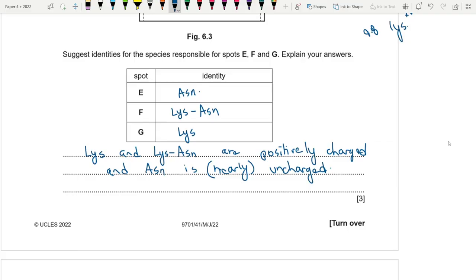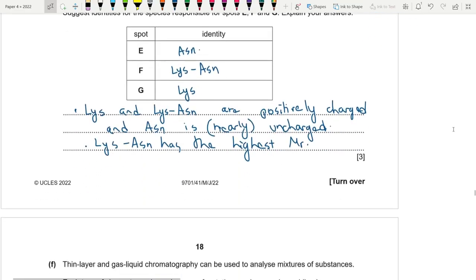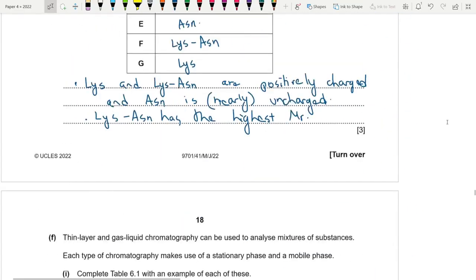Important. On the other hand, the other point is comparison between F and G. So lysine asparagine has the highest Mr, which is why it moves a bit less than lysine only.